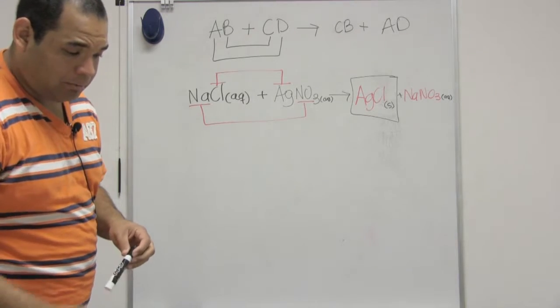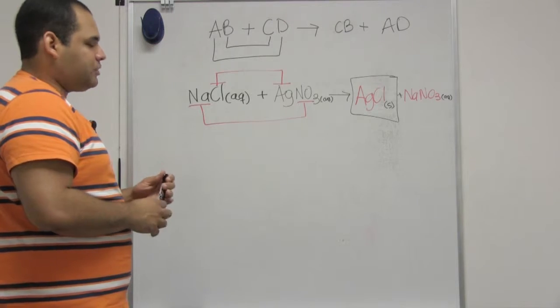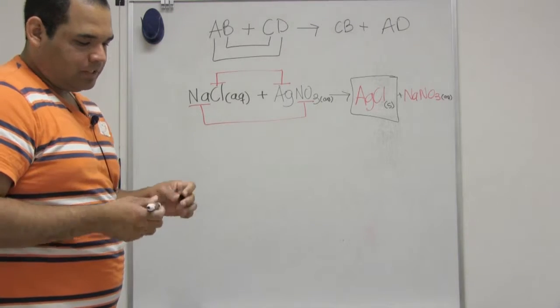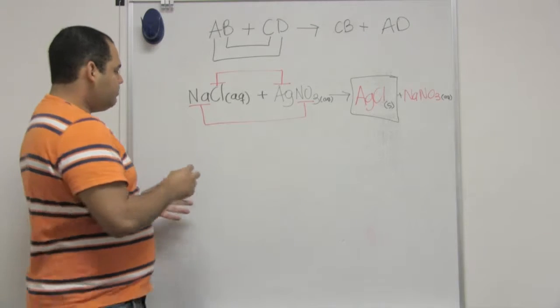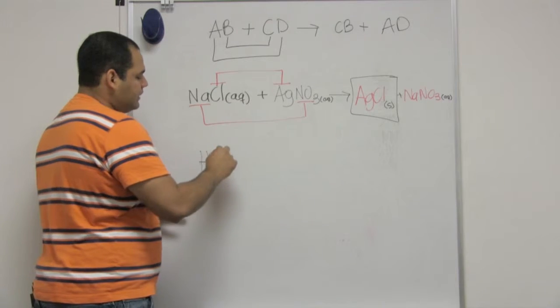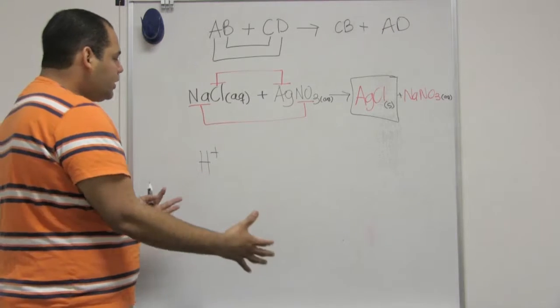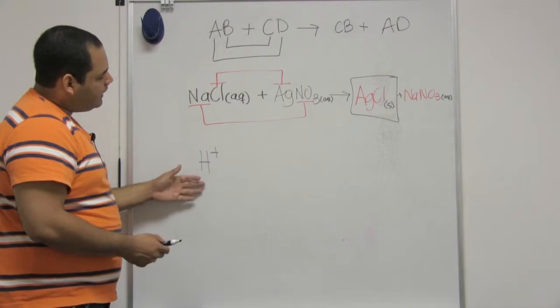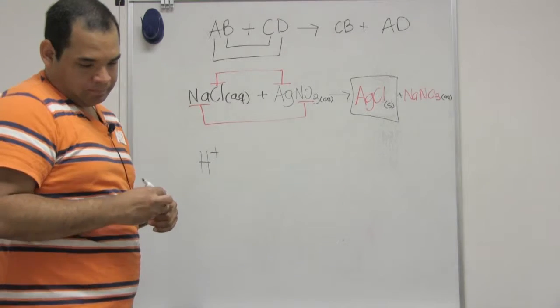Another type of double replacement that we need to know is called acid-base chemistry. So, just to review, an acid produces H plus in solution. Meaning when I put some water in there, I have H plus increasing the number of H plus in my solution.